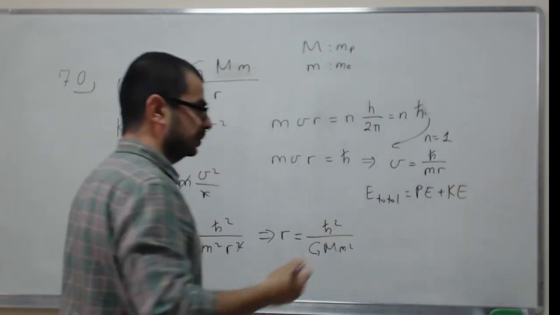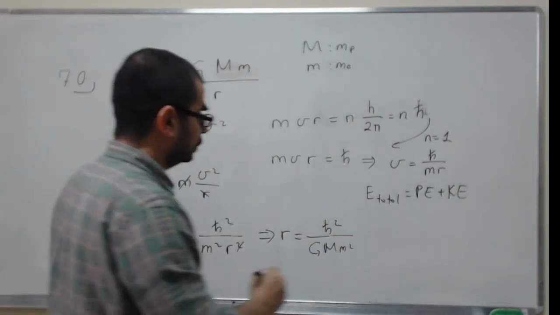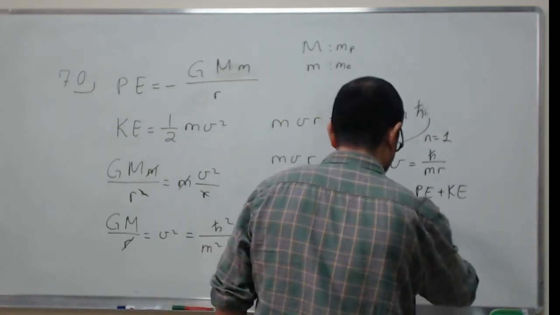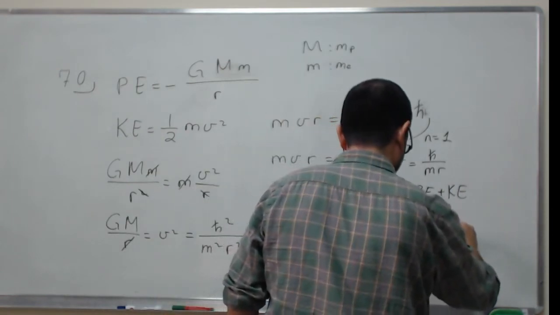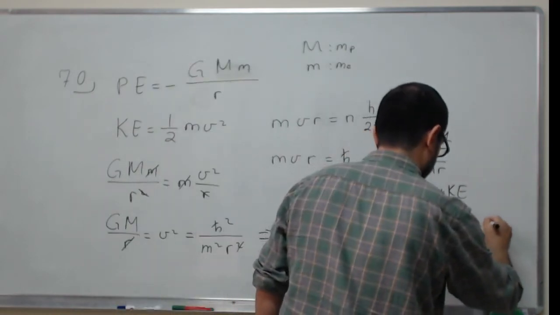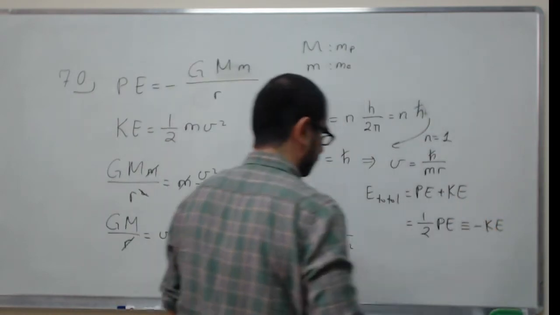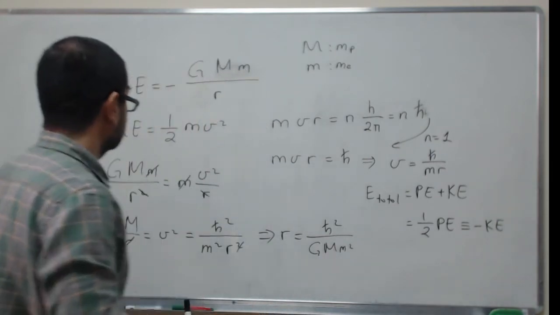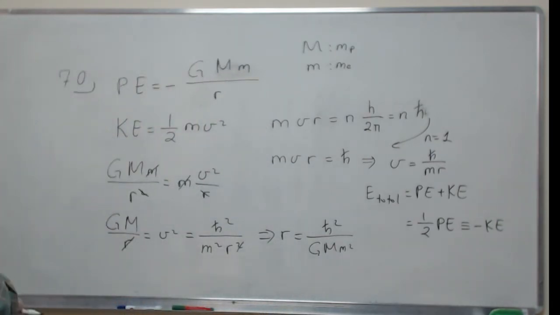And by the virial theorem argument I've just shown you, this is actually equal to a half potential energy, or this is equal to minus the kinetic energy. So you can choose either one.